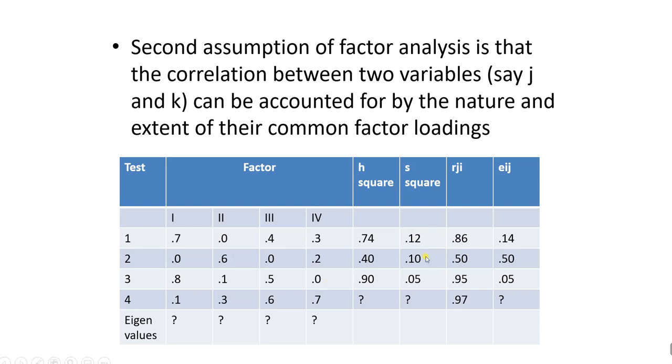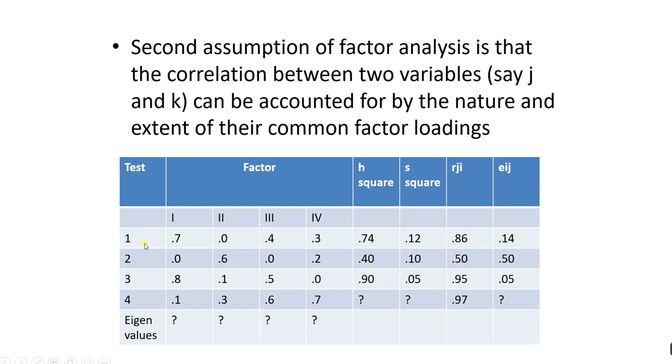S square is the specific variance. H square is the common variance and S square is the specific variance. Generally, we derive this specific variance from the knowledge of reliable variance.